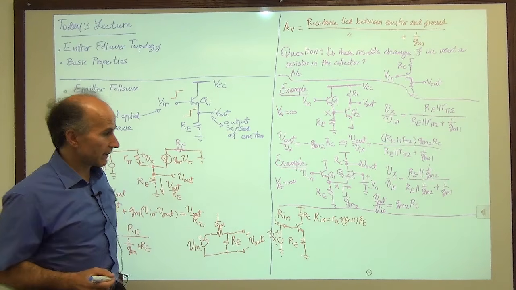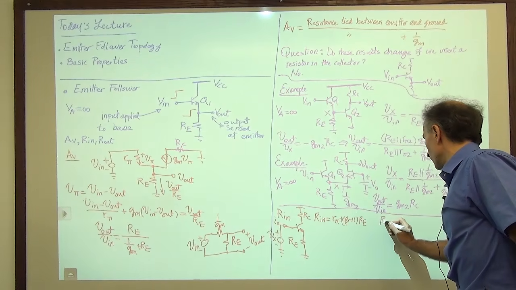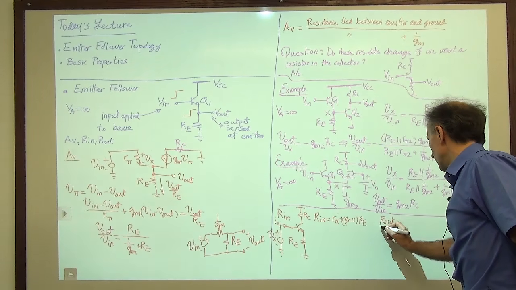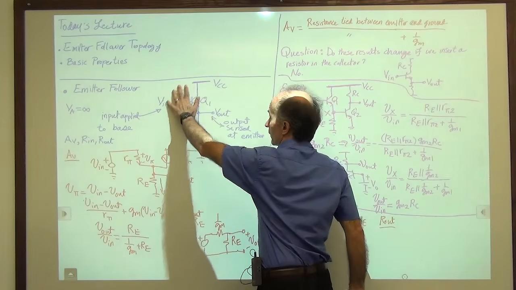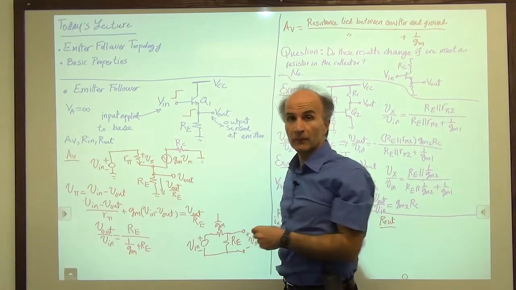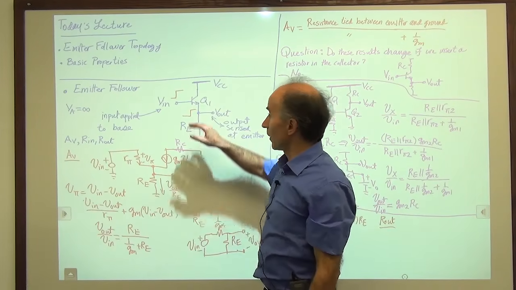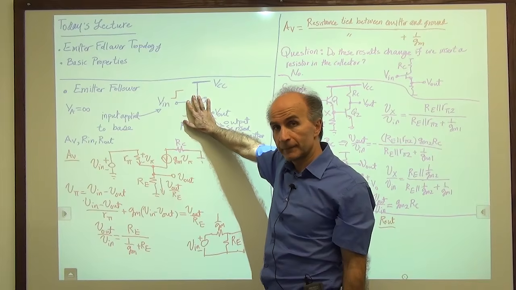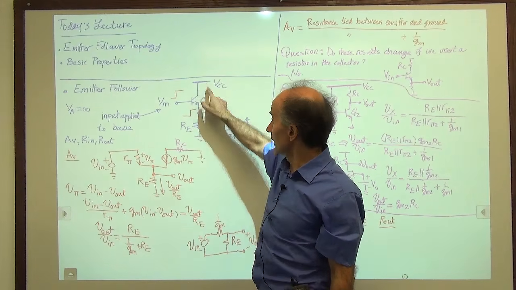All right, one last item is R out. So let's try to find R out. R out means the output resistance of this circuit. Now, we have a procedure for that. We say set all independent sources to 0. So this guy has to go to 0. This guy has to go to 0.